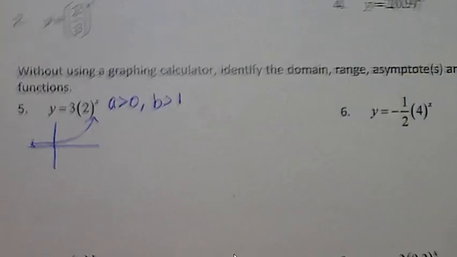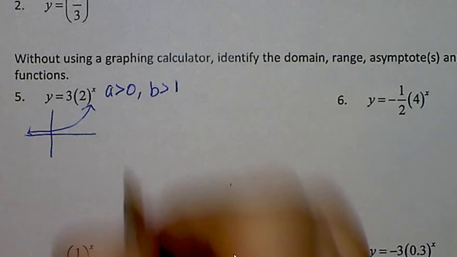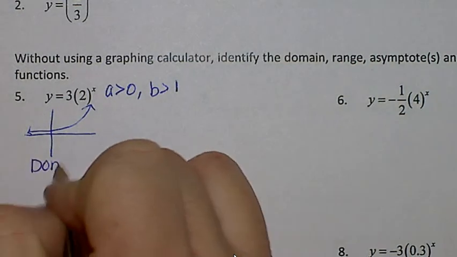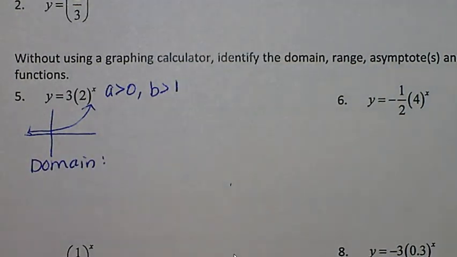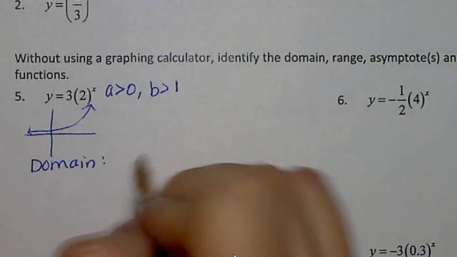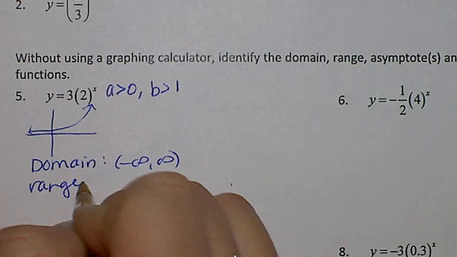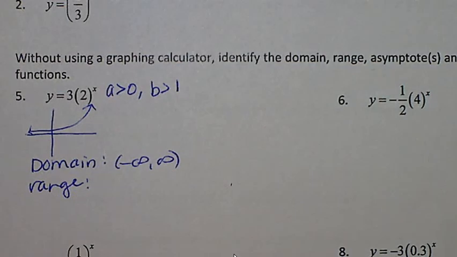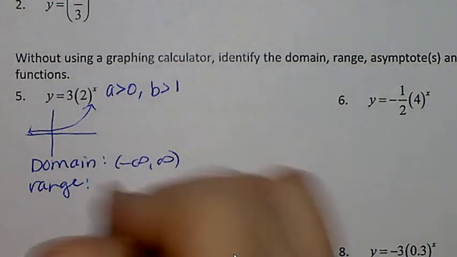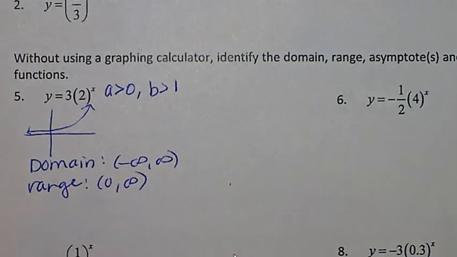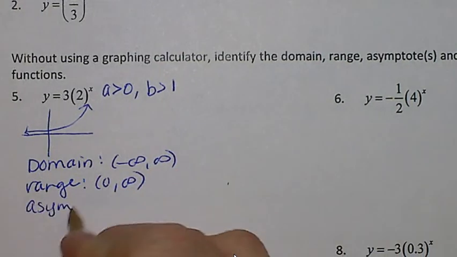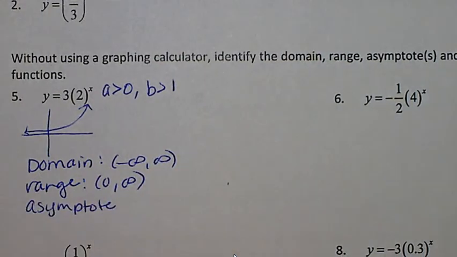Thank you, Amy. So domain, looking at where you took notes today. Hey, Zeus, the domain for all exponential functions is what? Thank you. The range for this picture, Aldo, what is the range for the graph we have? Thank you. Asymptote. Alexis, the asymptote for all exponential functions, assuming we have not shifted them, is what?